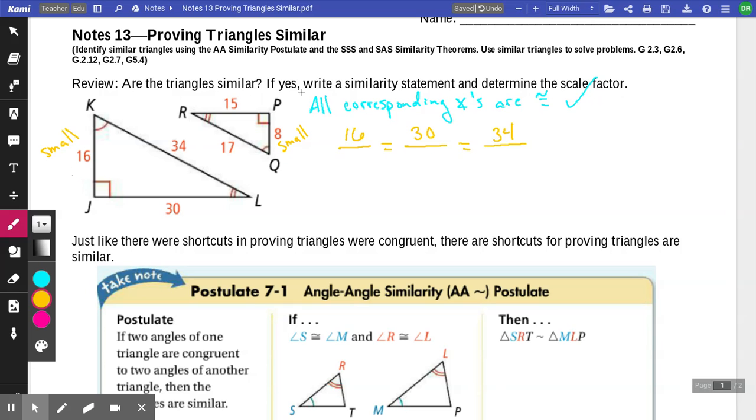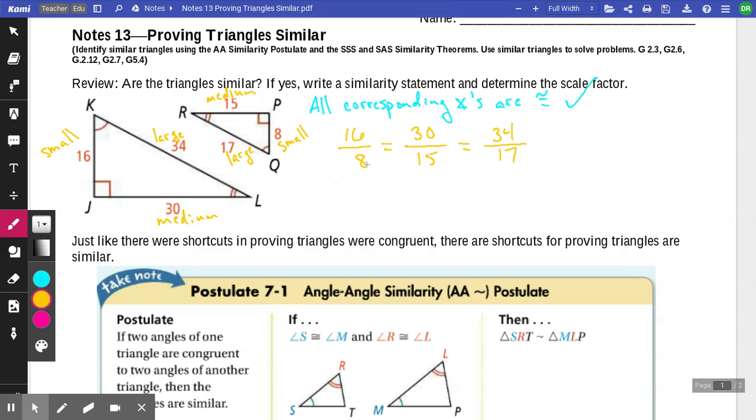So we're going to compare 8 to 16. And we can work our way across. So we can say this is the next length up, the medium side maybe, and this is the medium side. So we're going to compare 30 to 15. And for the same reasoning, if 34 is the largest side and 17 is the largest side in this triangle, we'll compare large to large.